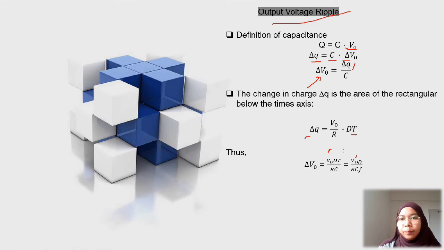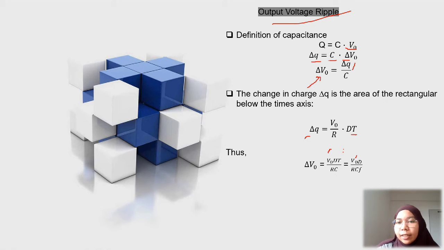And then for the output voltage ripple, by the definition of capacitance, charge equals capacitance multiplied by output voltage. The change of charge equals capacitance multiplied by the change of output voltage. To find the change of output voltage, it is equal to the change of charge divided by capacitance.